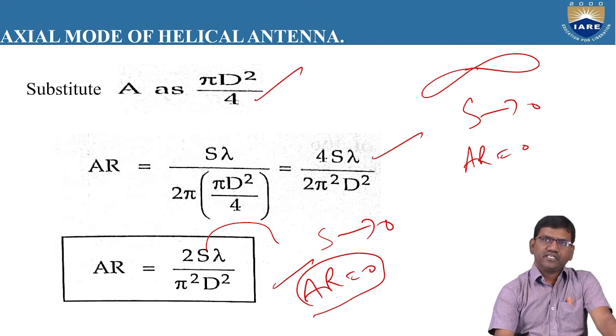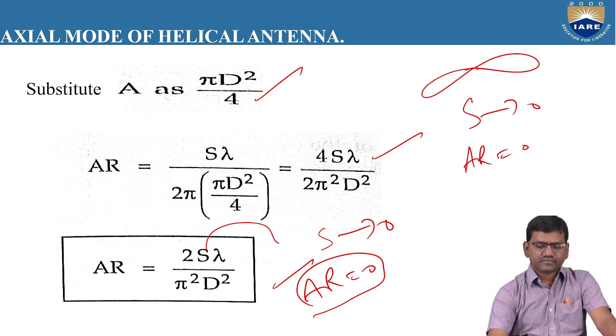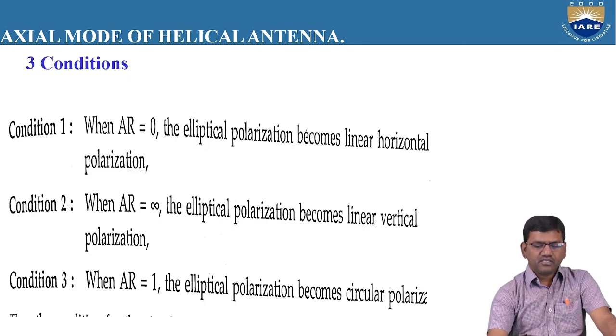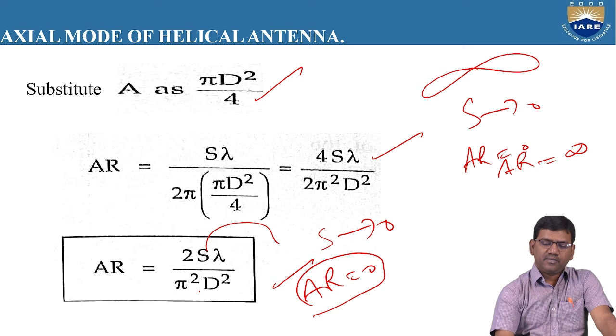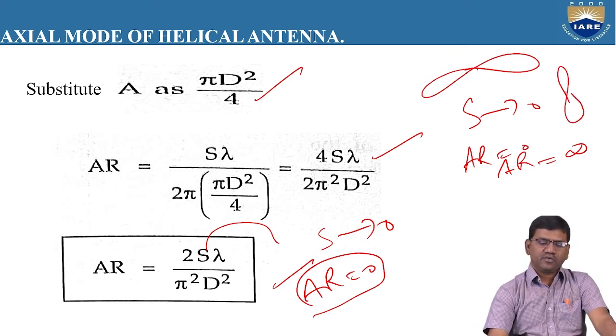When AR is equal to infinity, the polarization of the helical antenna becomes vertical polarization. That means vertically polarized waves will be produced by the helical antenna under the condition AR is equal to infinity.